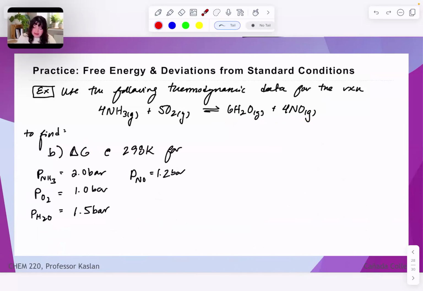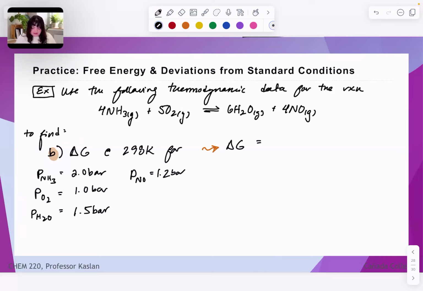Now B, that is asking for us to determine the non-standard free energy change, given information about the reaction mixture before it's reached equilibrium. So let's remind ourselves of the equation that allows us to determine the change in free energy for a reaction at non-standard conditions or in non-standard states.